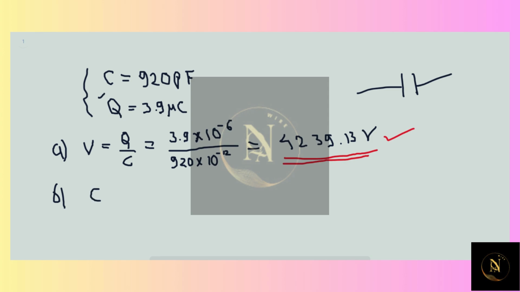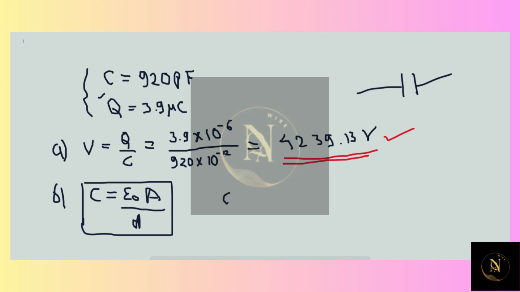So as we know, for a parallel plate capacitor, the capacitance C is given by this formula: C equals epsilon naught A over D, where epsilon naught is the electric permittivity, A is the area of the plate and D is the plate separation. Now it's given that keeping the charge constant, the plate separation is doubled.